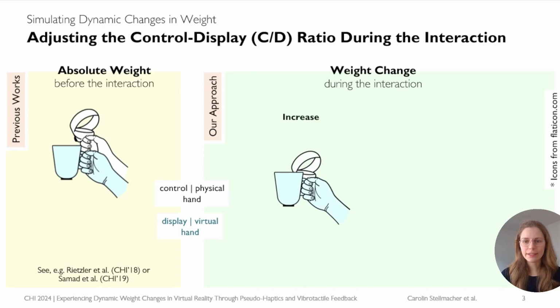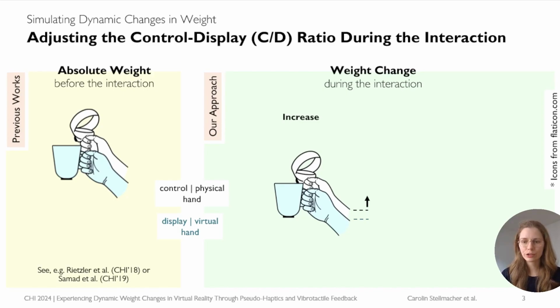For example, the increasing weight of a mug that is being filled with water then triggers a slight negative displacement on the y-axis. Our expectation is that users will then subconsciously compensate the displacement through an upwards movement of their arm to secure the lift of the virtual hand and the virtual mug.